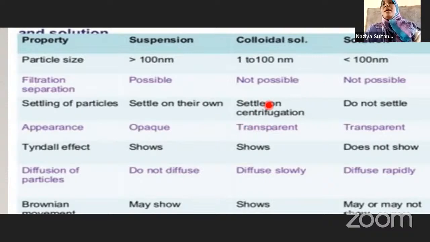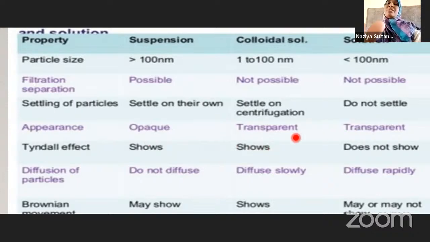So the particles of a colloidal solution can settle upon centrifugation. Next, coming to the appearance. The appearance of a suspension is opaque. Whereas the appearance of colloidal solution and the true solution is transparent.